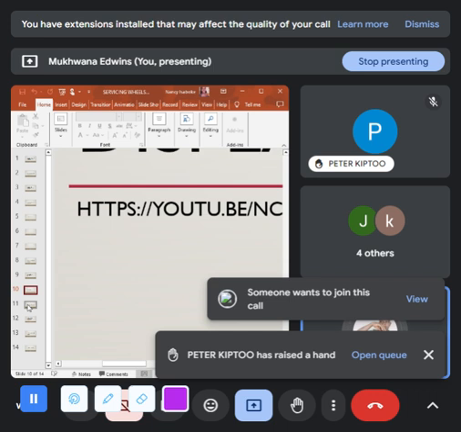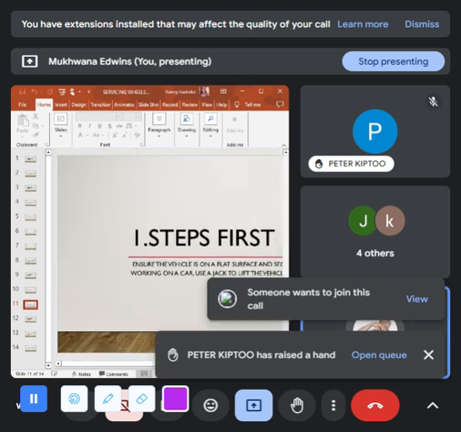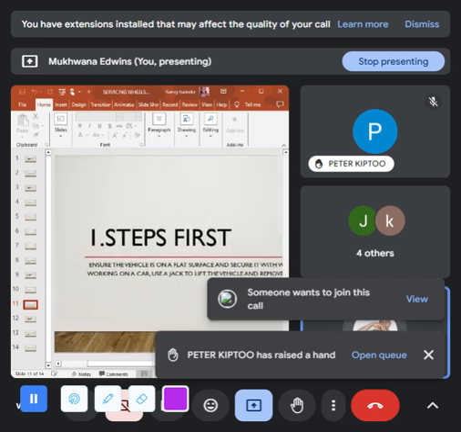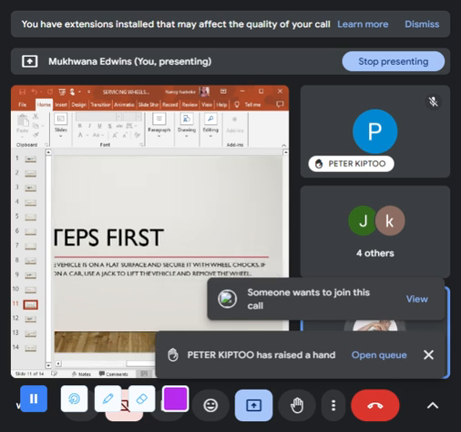So let us see the steps that we have to make sure that we follow. The first step in every workshop is that your safety is the first thing you do. Ensure the vehicle is on a flat surface and secured with the wheels.